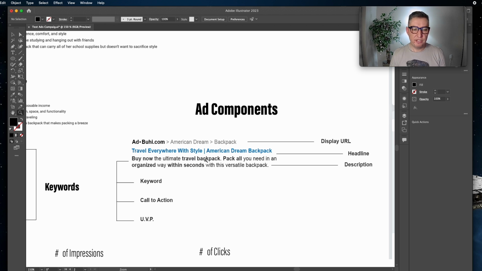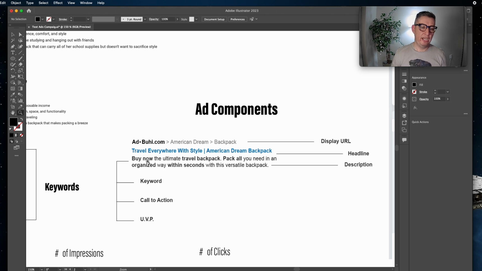Every time a term matches the keywords you have in your ads, it will be bold, so it will stand out when people are looking through those ad options. So it's very important to get your keywords in the description as well, if it's possible and makes sense.